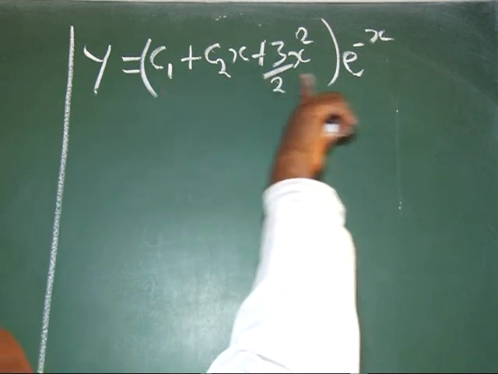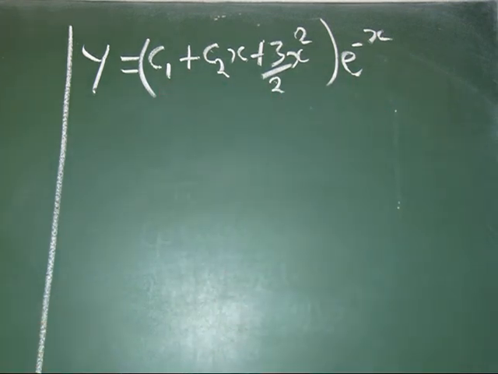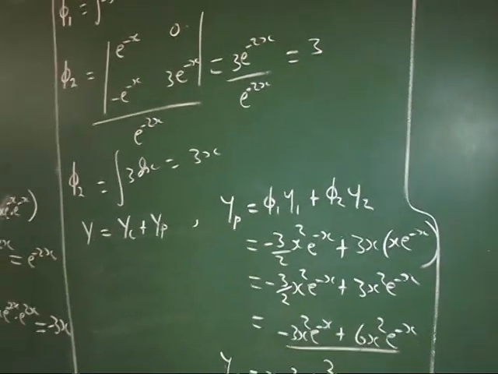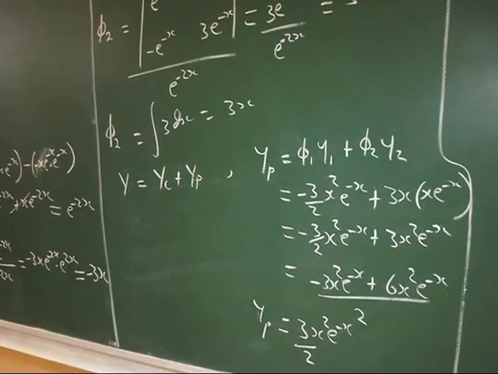You see, we are factoring out exponential minus x. So that is what we'll have at the end of it.